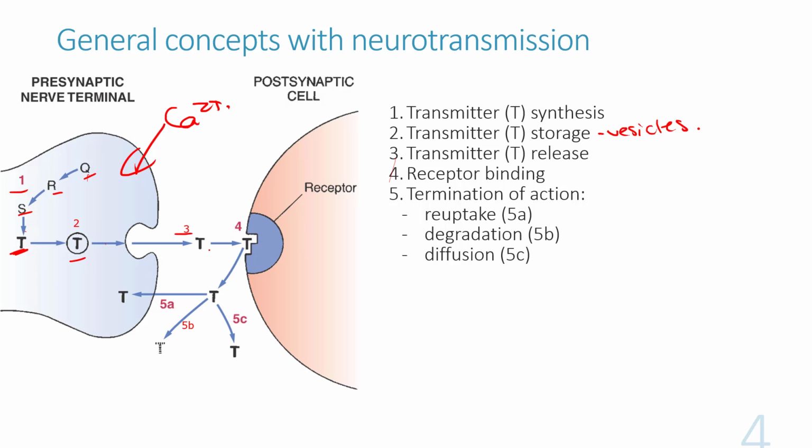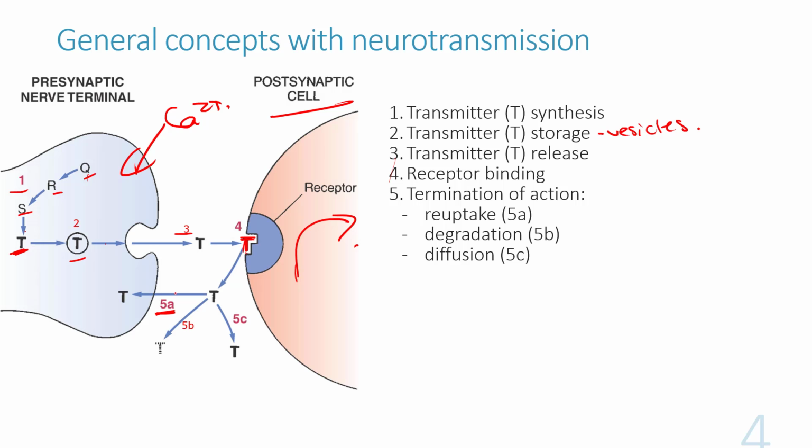And then, as the transmitter is released into the synaptic cleft, it binds to its specific receptor and then has an effect in the postsynaptic cell. And the postsynaptic cell can be another nerve, a muscle, or a gland. And then at some point, the transmitter dissociates from the receptor. And when it dissociates from the receptor, it can do one of 3 things.